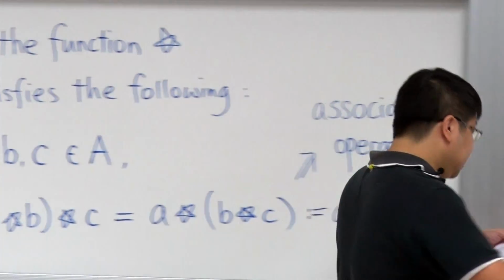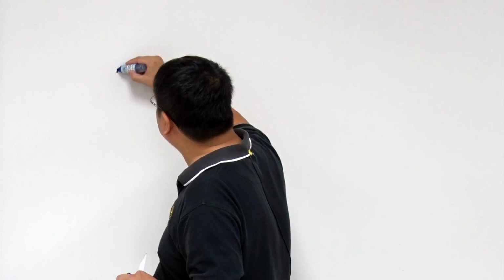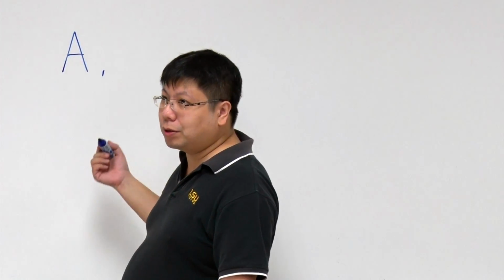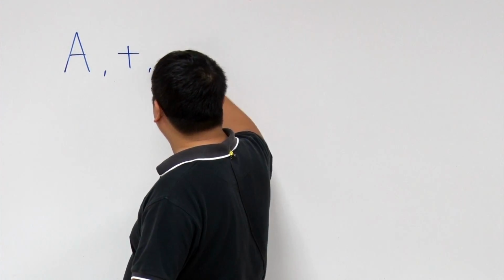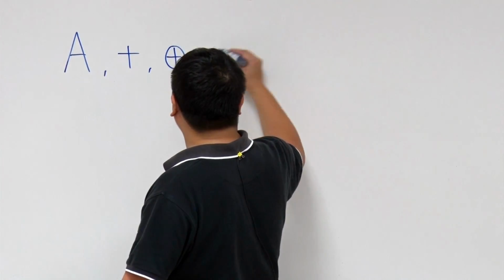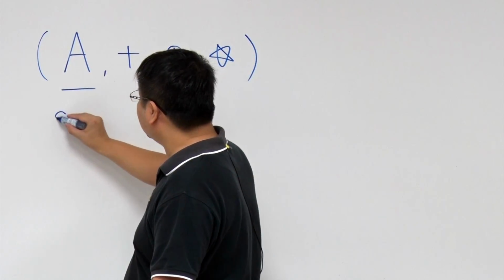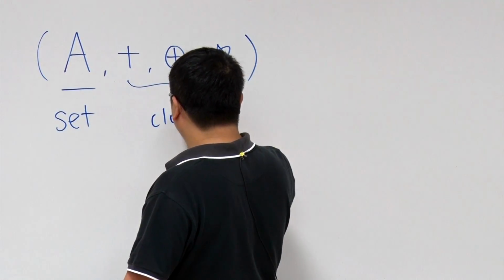Now, in general, if we have a set, let's say a set A, and some closed operator, could be binary, could be ternary, whatever, but as long as it is closed, perhaps a plus or a star, then this is a set with some closed operator.